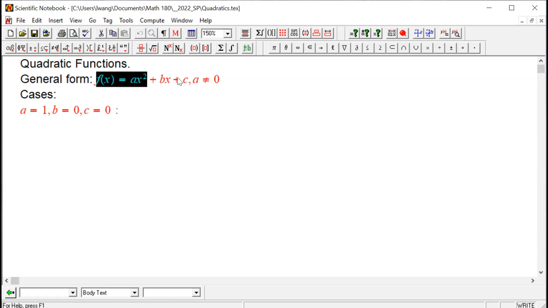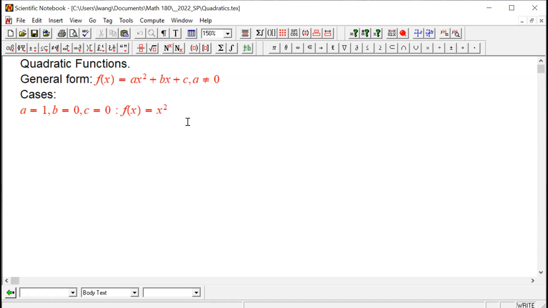In this case, our quadratic function will become just, with b and c being 0, x squared. We study this function and its domain and range, graph, etc.